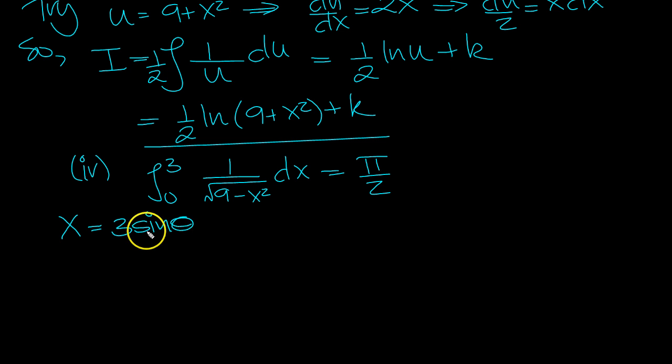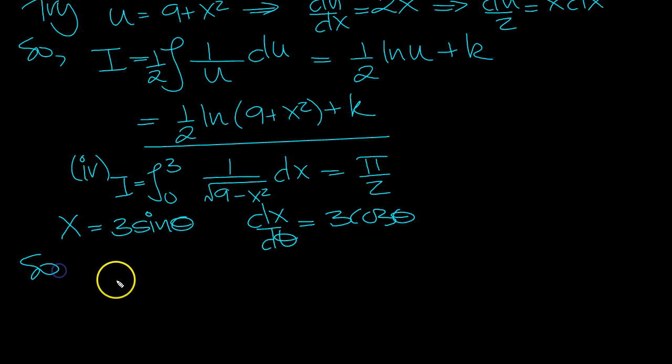And then what do we do? dx d theta is equal to 3 cosine theta. So we can replace dx. So this is I, 1 over the square root of 9 minus x squared. 9 minus this squared is 9 sine squared. So we've got 1 over the square root of 9 minus 9 sine squared.